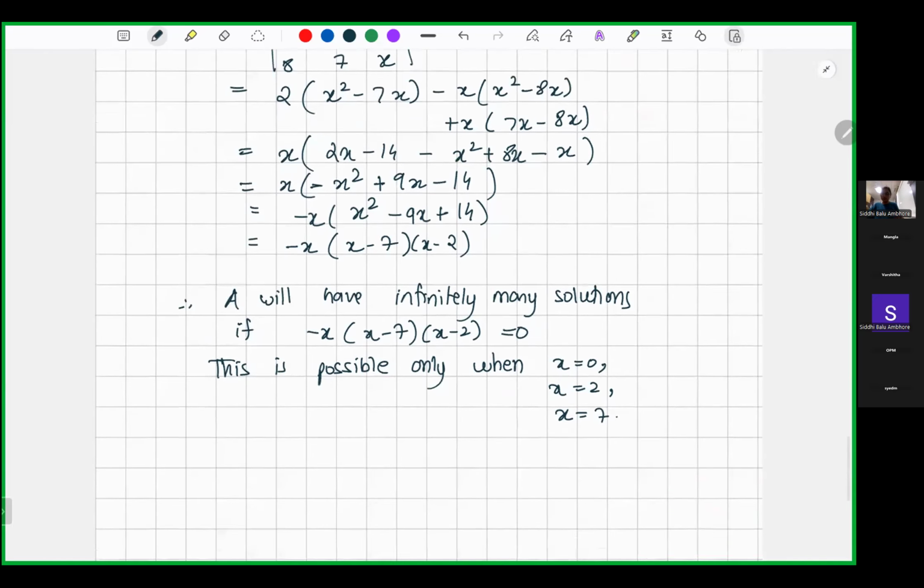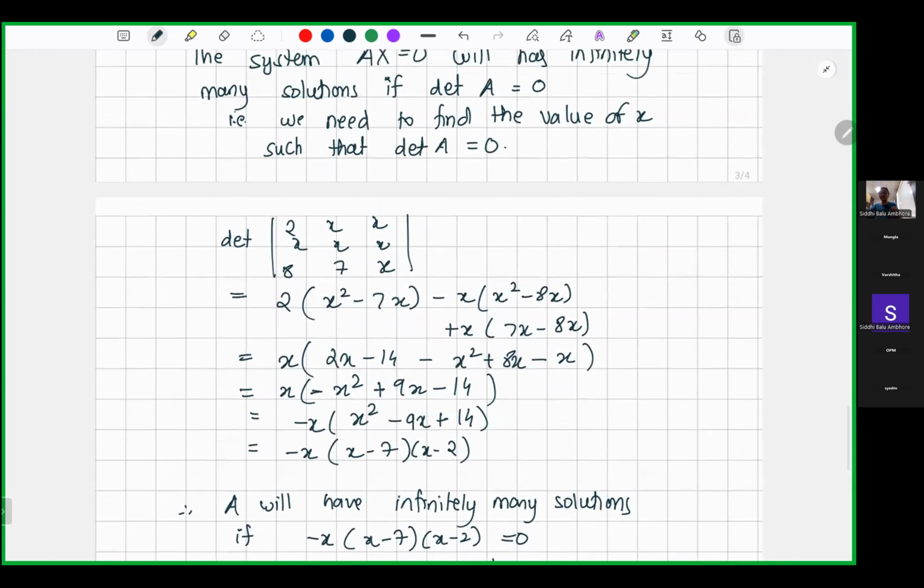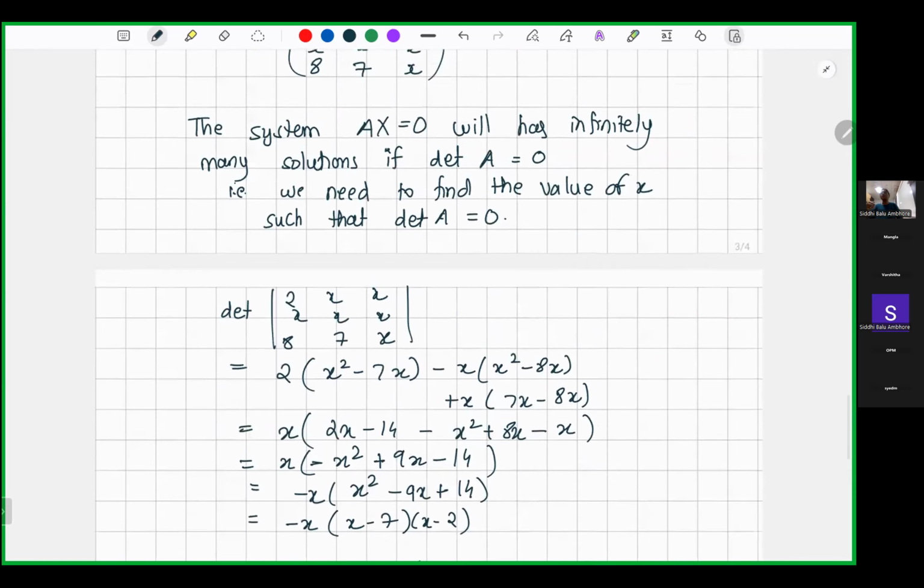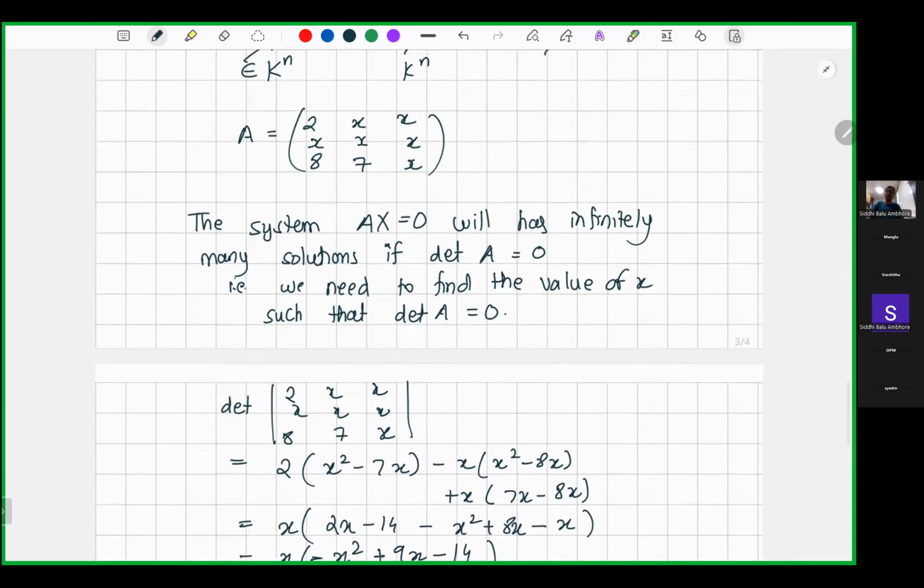So yeah, that's what I wanted to show here, that we can heavily make use of this determinant property whenever we are trying to find the answer or solution to such kind of questions where we are asked to find value for a particular variable.